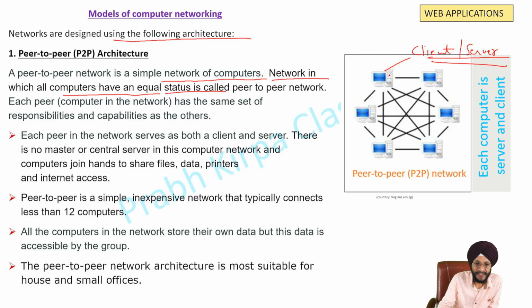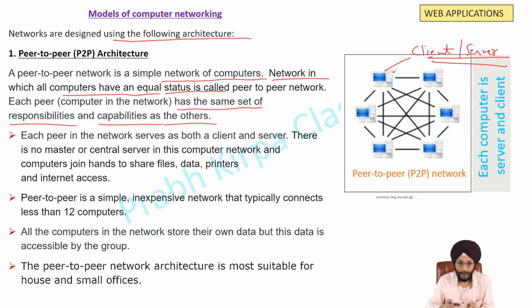Each peer, meaning each computer in the network, has the same set of responsibilities and capabilities as the others. It means all the computers in the network have the same type of capabilities and responsibilities. We have already discussed that each peer in the network serves both as a client as well as server.